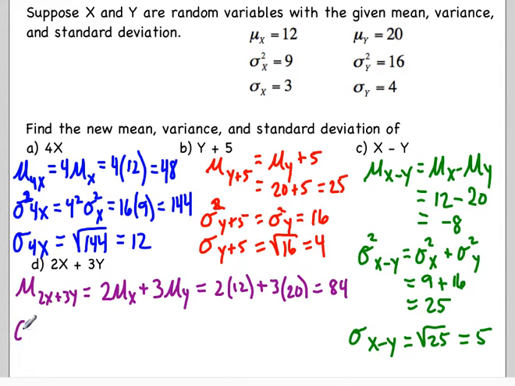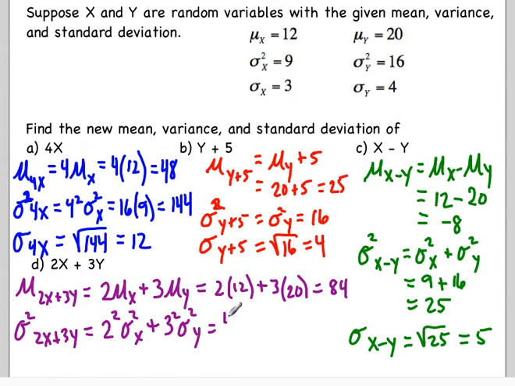For the variance of 2x plus 3y, when you are multiplying by a constant, you do the constant squared times the variance of x. And again, when we're adding random variables, we add the variances, so plus. And then this constant 3 needs to get squared times the variance of y.